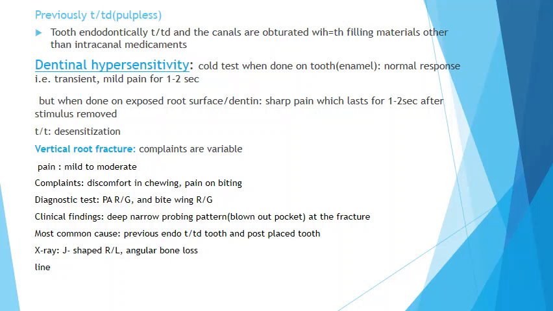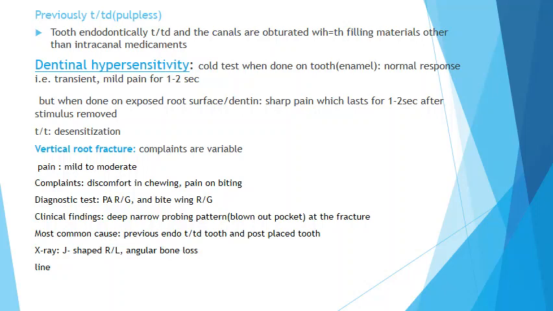In that condition, we come to know that the pulp has nothing to do with this. This is dentinal hypersensitivity, a hypersensitivity response because of the exposed dentinal tubules. Now, what is the treatment? Desensitization.